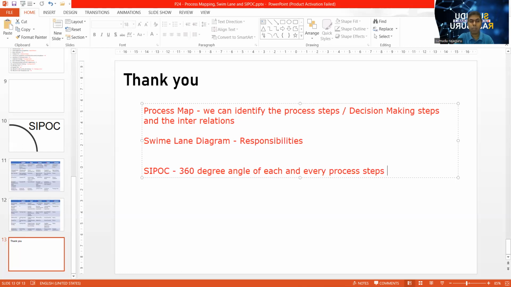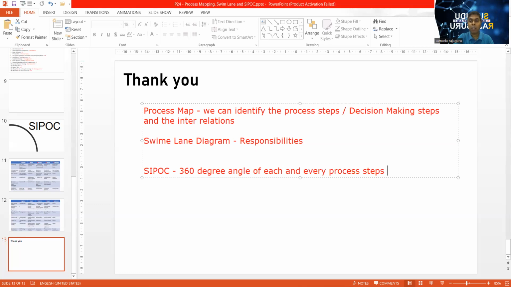So today I took one example. When we consider the organization, it may be manufacturing, service, whatever the organization. First, you have to draw the process map, swim lane, SIPOC for each and every process. If the organization contains 100 processes, we have to draw this for the 100 processes.